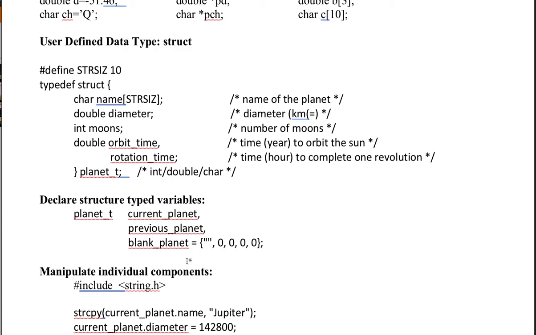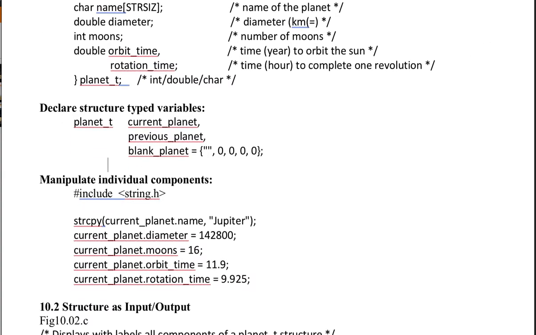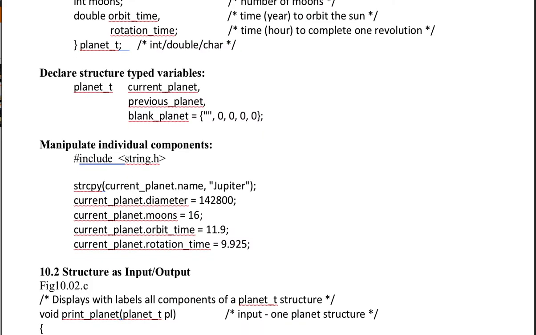And you may wonder, even for this blank planet, eventually we want to put some actual numbers and actual properties for the planet there, right? So how do we make assignment for the members of structure after the declaration of the structure and the declaration of the variable? Let's look at the case current planet.